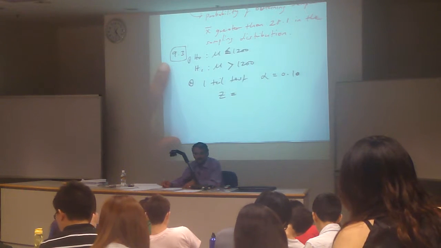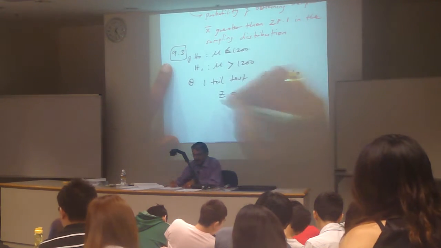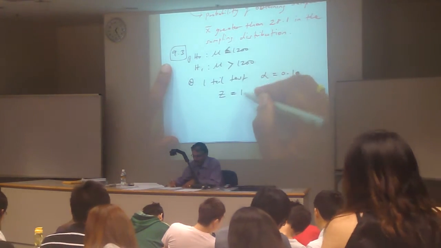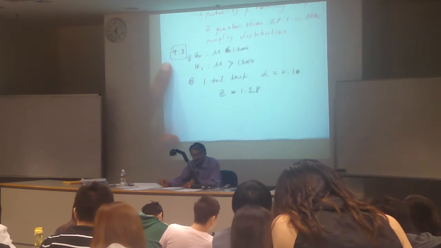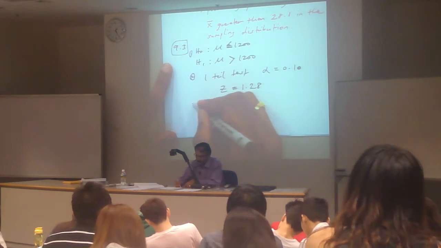Use your table, 1 point, Z for alpha 0.1 is 1.28. The table is mastered already, nothing to worry about the table now, I hope.